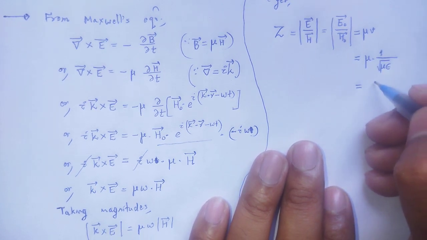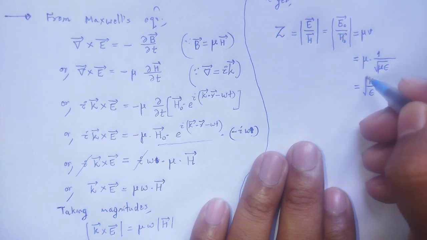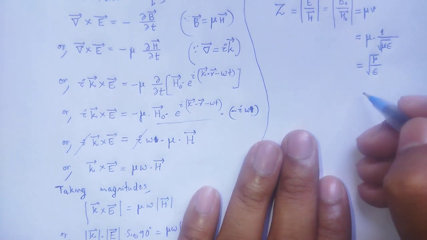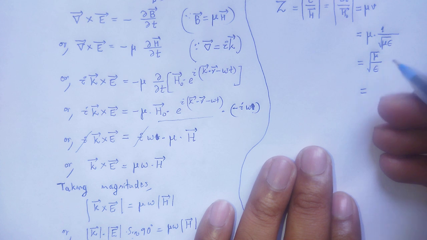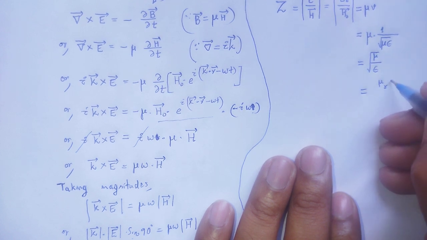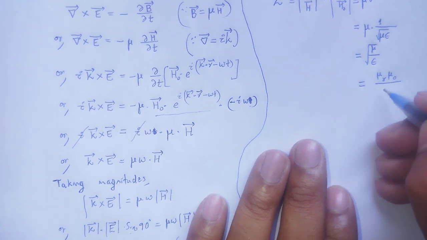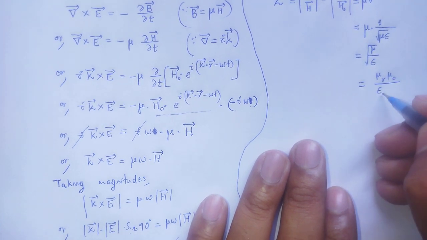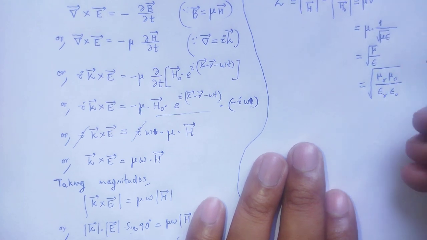So, it will be under root of mu divided by epsilon. It can also be written, in place of mu, as relative permeability into permeability of free space, divided by, in place of epsilon, relative permittivity into permittivity of free space, under root.